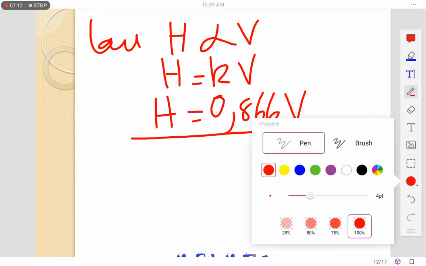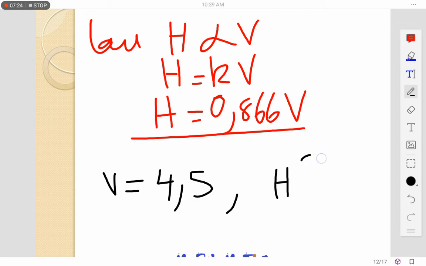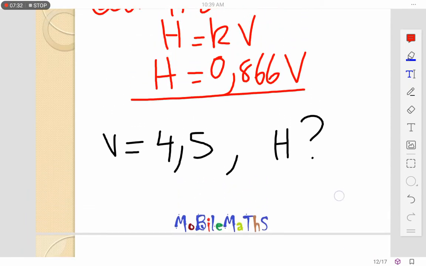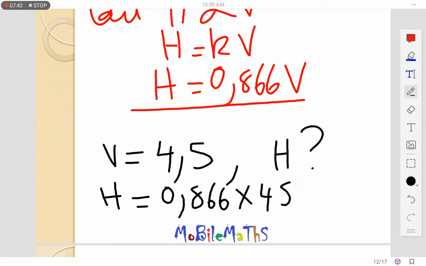For the first one, we are given that V is 4,5 and we want to find our H. We simply substitute into that, and we'll get H is equal to 0.866 times 4,5.